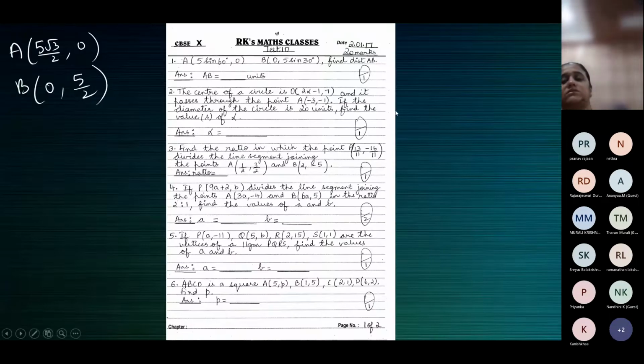Try the second one. The center of the circle is given, and it passes through A. If the diameter is 20 units, find the value or values of alpha.